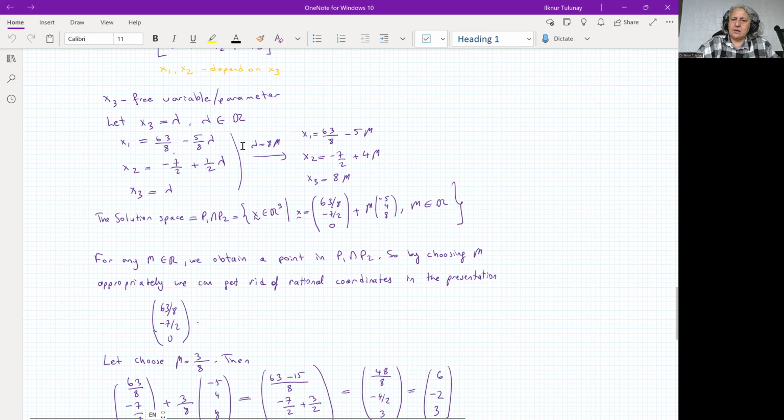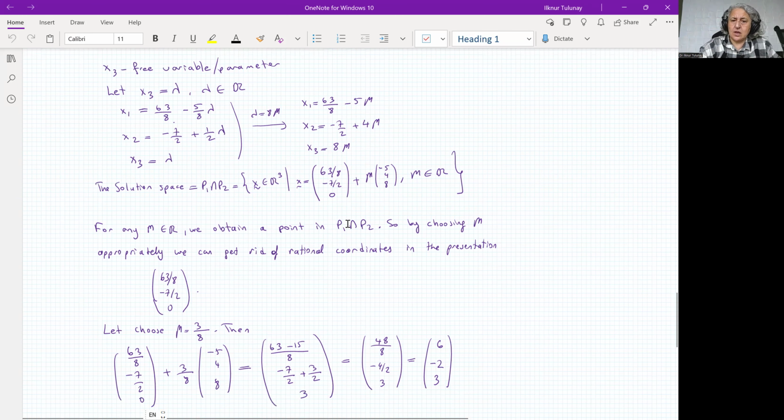This is why I take lambda equal to 8 mu. So 8 mu will give 1, then I will have -28, and for the last one 8. I can also get rid of this form into something that looks like integers. You can do that.